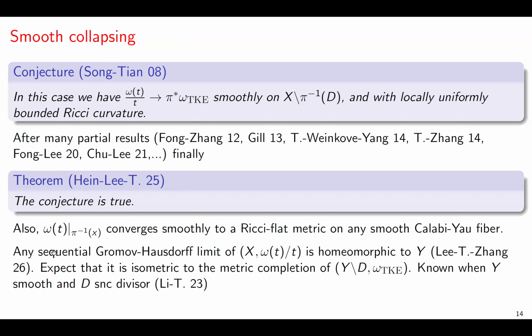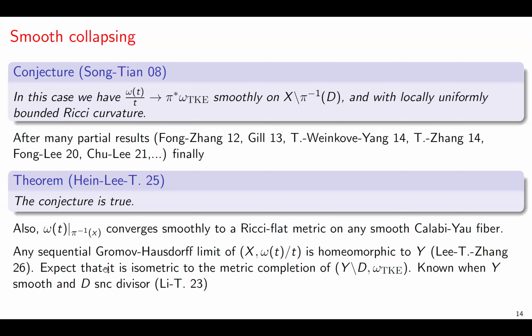And lastly, one can ask about the Gromov-Hausdorff limit of this flow. Again rescaled, and the fibers are shrinking, so it should be something related to the base. We now know that any subsequential Gromov-Hausdorff limit is homeomorphic to the base. This is a very recent work in progress with Lee and Junsheng Zhang.